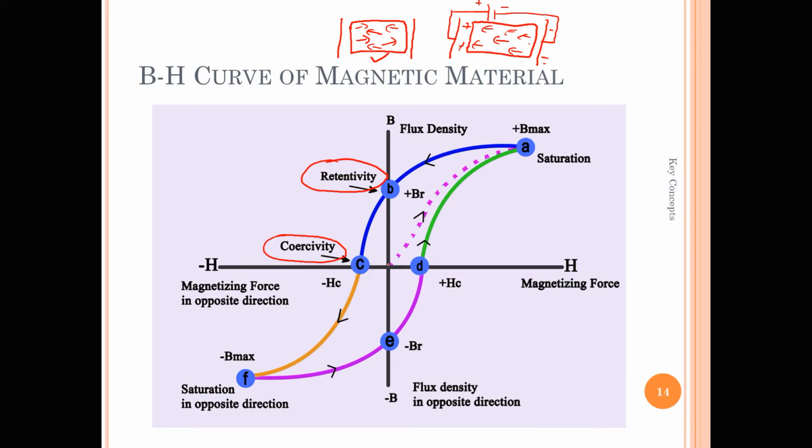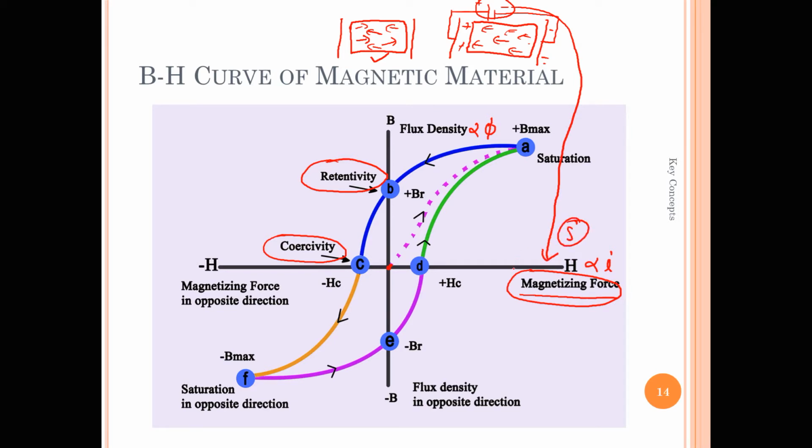If we try to understand from this particular graph, the X-axis is H, which is the magnetizing force, proportional to current, and the Y-axis is the flux density B, which is proportional to the flux. The magnetizing force is related to this particular power supply, or the current value.